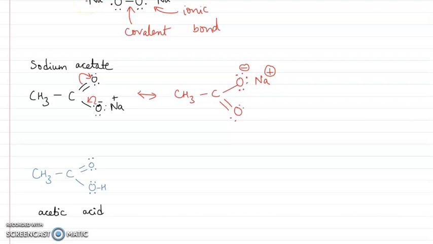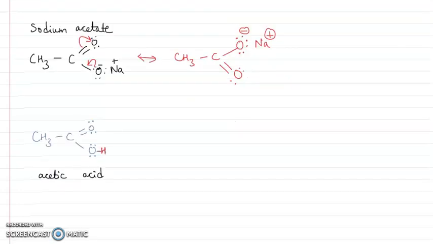And in case of acetic acid, the oxygen and hydrogen bond is covalent bond. So the lone pair of electrons are not able to shift to make a resonance structure. Therefore, resonance is not possible in case of this covalent compound. So we can see that in case of sodium acetate, if we see the first bond, there is C double bond O, double bond character, and in this case, there is a single bond.